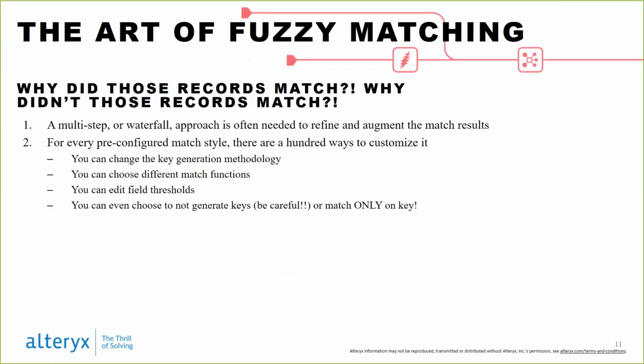So the art of fuzzy matching, I've already hammered home that it's not just one visit to the fuzzy matching tool. It's revisiting the same fuzzy match tool again and again. Now I'm going to go a little bit higher and say that it might not take one fuzzy match tool. It might take many fuzzy match tools. What we typically see is people join 2 data sets together and say, here's our 100% one-for-one matches, not a problem.